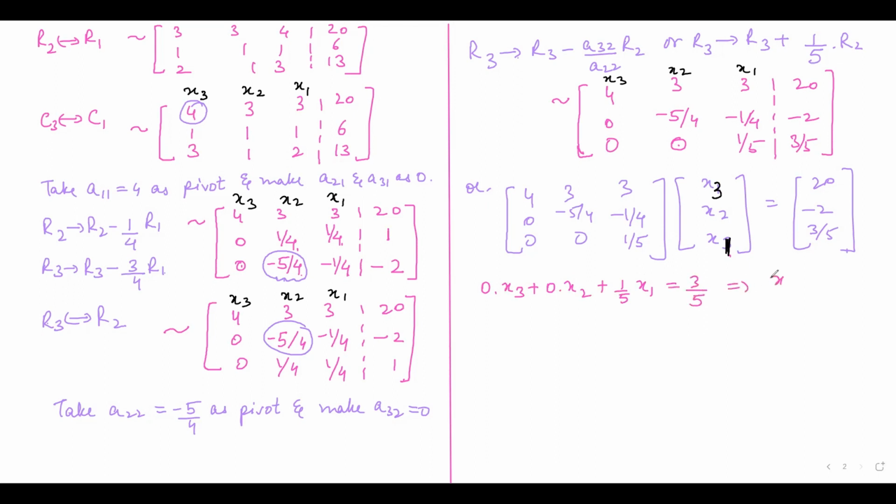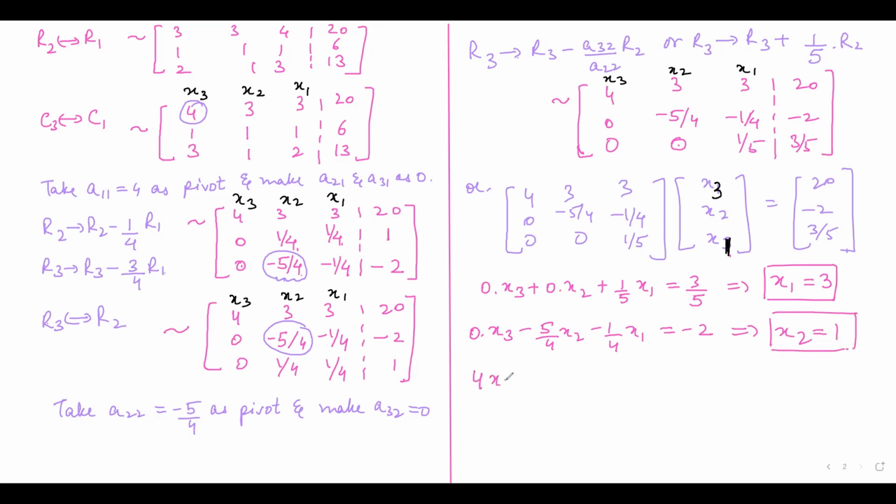So my x1 is coming out to be 3. Okay, so this is 3. Now 0x3 minus 5 upon 4 x2 minus 1 upon 4 x1 is equal to minus 2. When you solve this, I am getting x2 as 1.